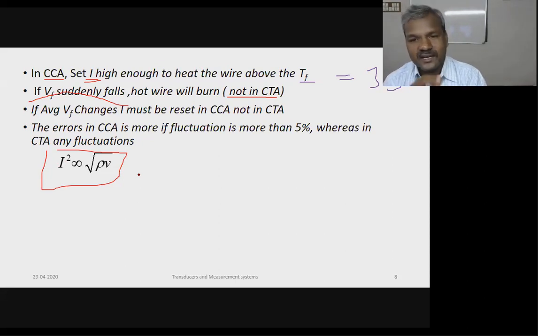So the density also comes into the picture. According to the law, I squared R, that is I squared, is directly proportional to the square root of density into velocity of the fluid. So these are some pros and cons of the constant current and constant temperature anemometers.